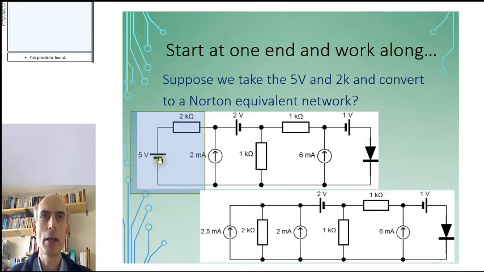We have here a voltage source in series with a resistor. That has the form of a Thevenin equivalent network, so we can convert that to a Norton equivalent network by replacing the voltage source with a current source here and moving this resistor from being in series to being in parallel. That gets us to this circuit here.